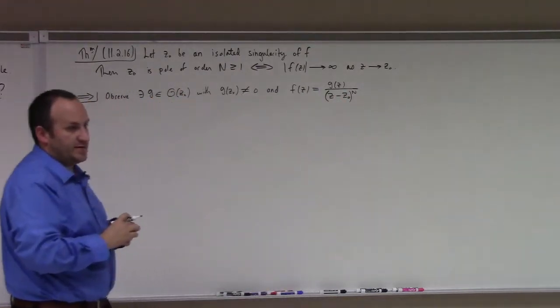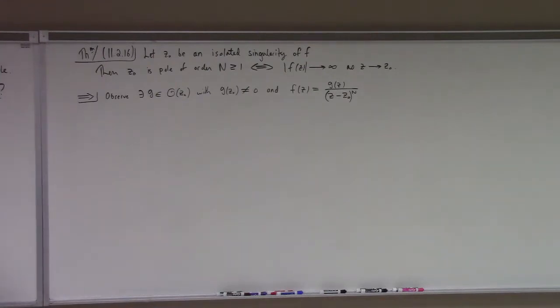Right? This is what we learned last time: if we have a pole of order n, we can present it as an analytic function about the center point, such that that analytic function has a non-zero value at the center point, and we divide by z minus z naught to the n. This is a presentation of a function which has an isolated singularity, a pole of order n. We can do this, right? Then, all right, great, that's what we have to work with.